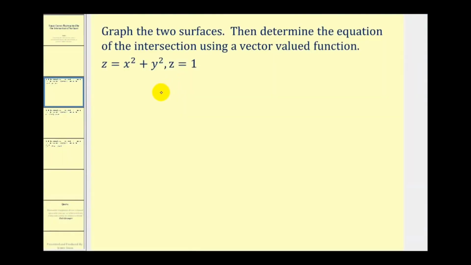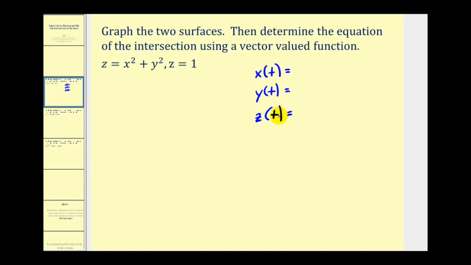What we're going to do is find a solution to this system using a set of parametric equations, and then once we have the parametric equations, we're going to rewrite it as a vector valued function. Since the intersection is a space curve, in parametric form we're going to have an equation for x of t, y of t, and z of t.